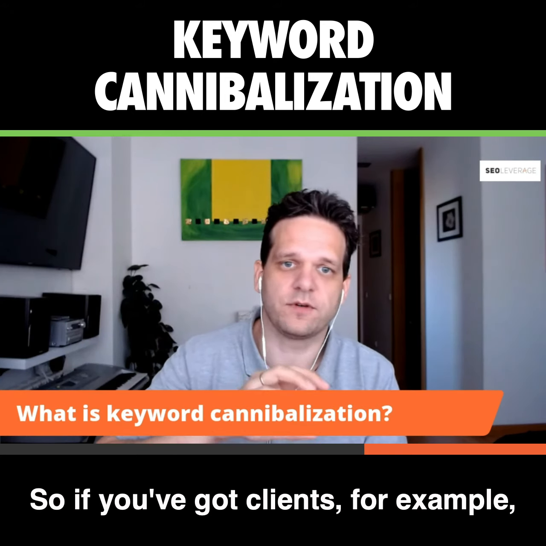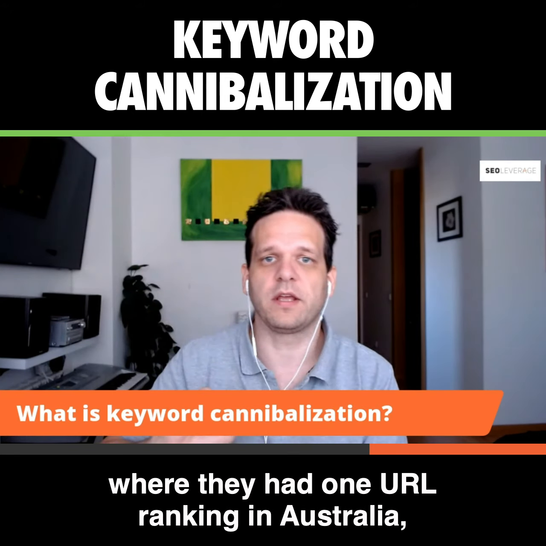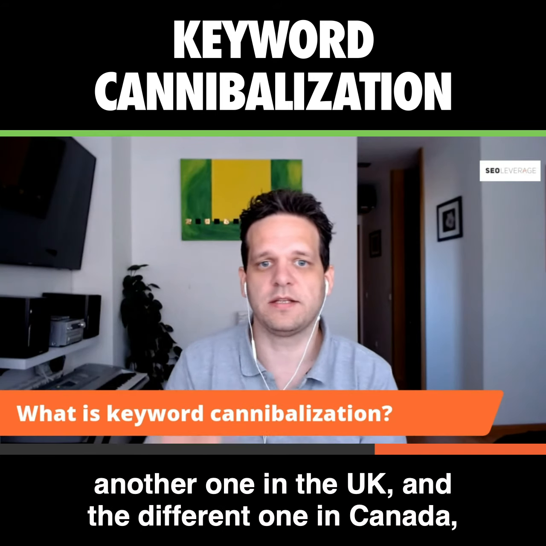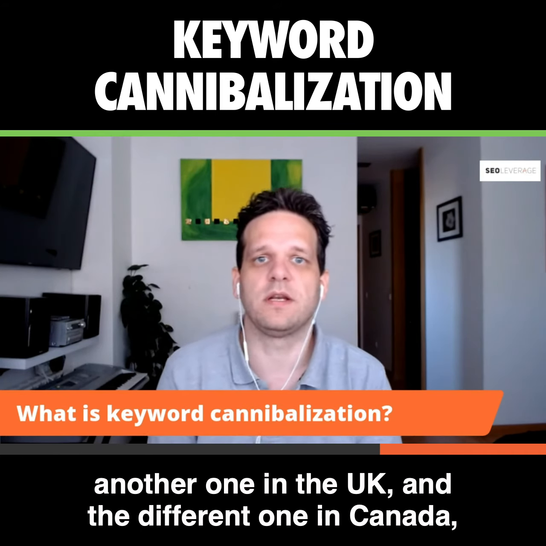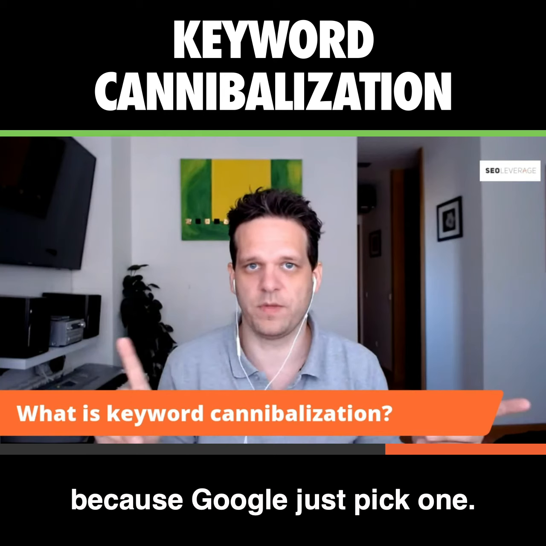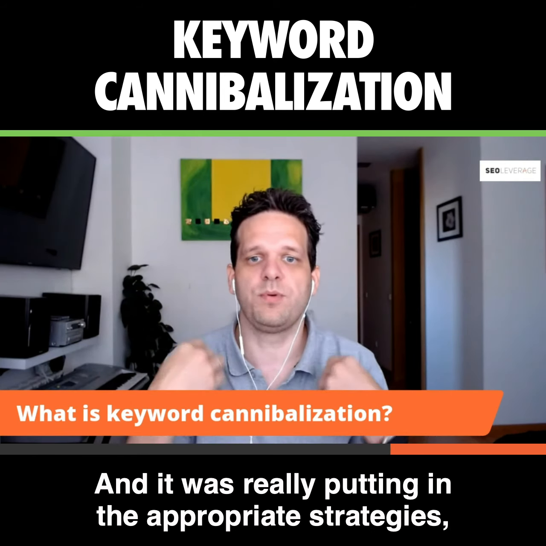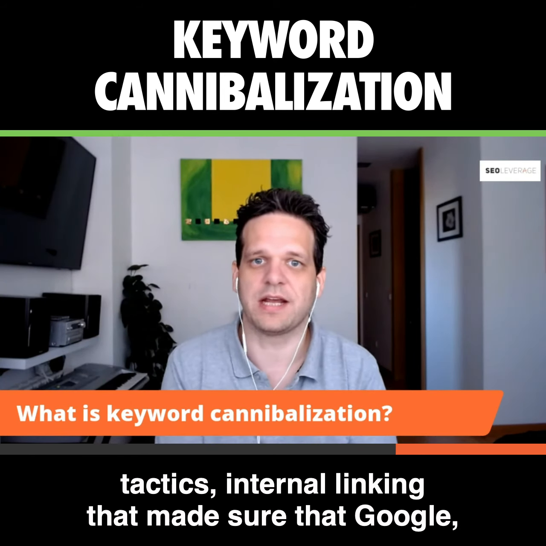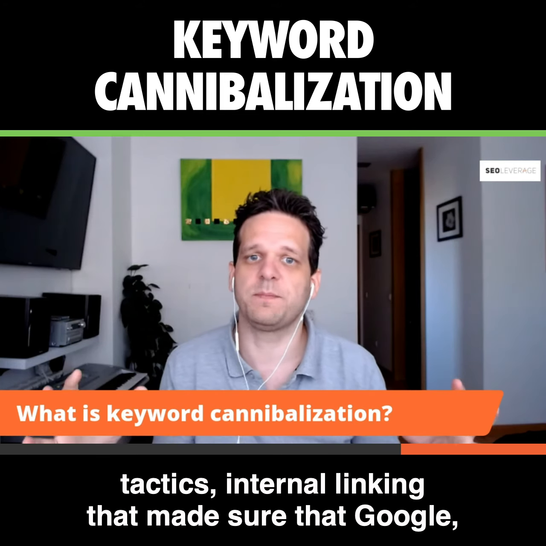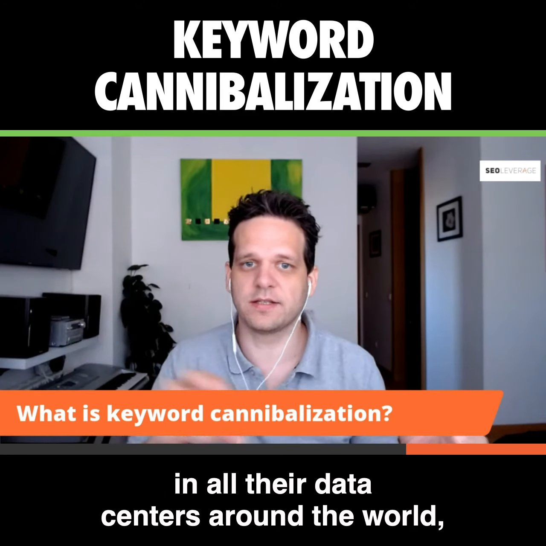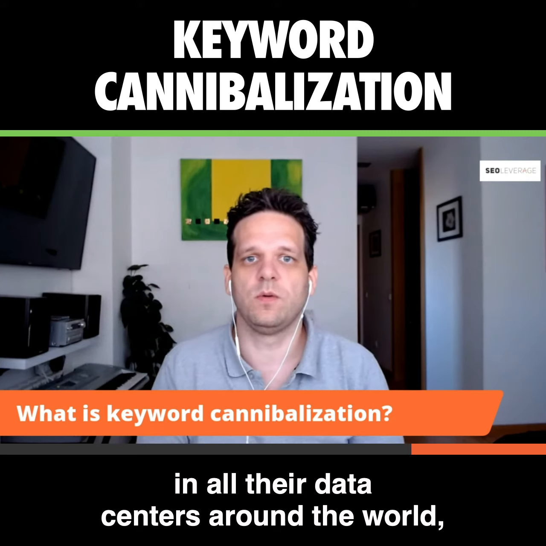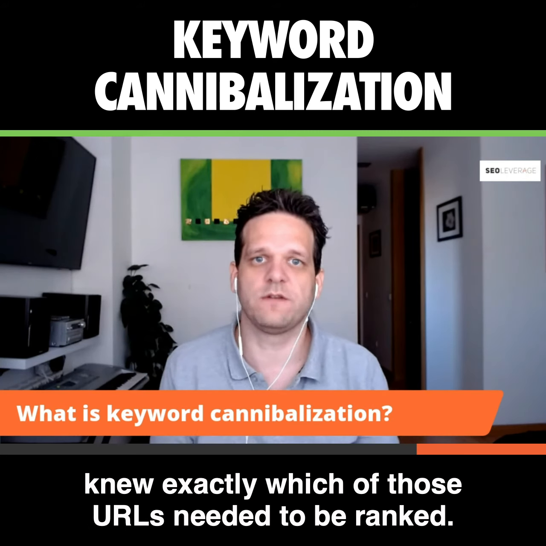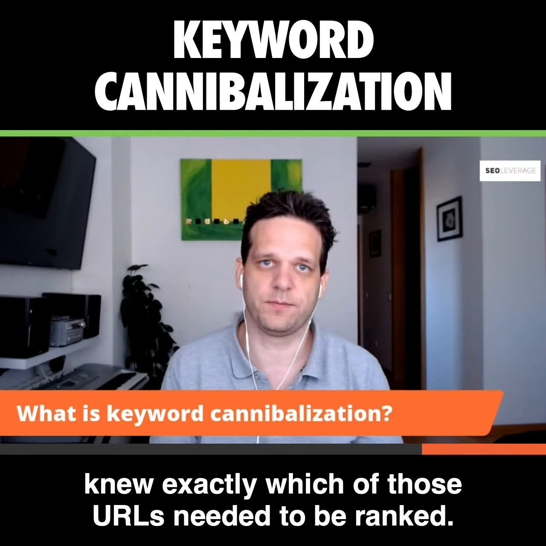So if we've got clients, for example, where they had one URL ranking in Australia, one URL ranking in the States, another one in the UK, and a different one in Canada, because Google just picked one. And it was really putting in the appropriate strategies, tactics, internal linking that made sure that Google, in all their data centers around the world, knew exactly which of those URLs needed to be ranked.